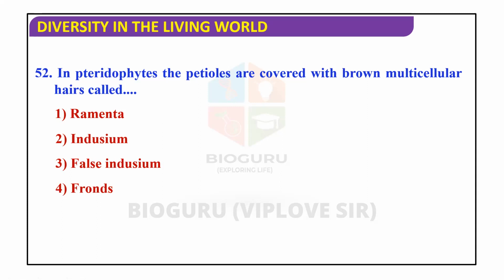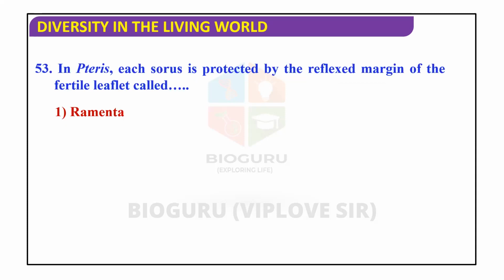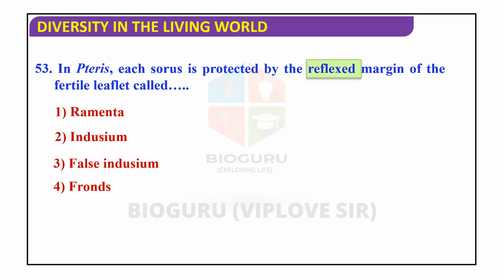It is ramenta. That's good. In Pteris, each sorus is protected by the reflexed margin of the fertile leaflet called ramenta, indusium, false indusium, or fronds. Yes, the right answer is false indusium. That's good.